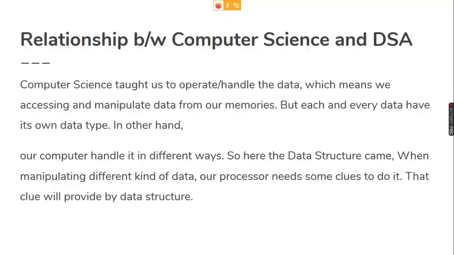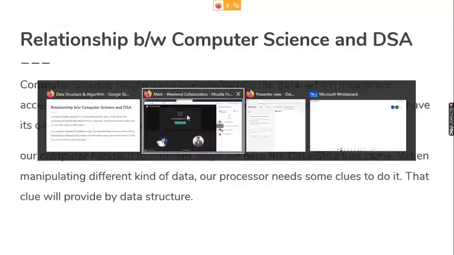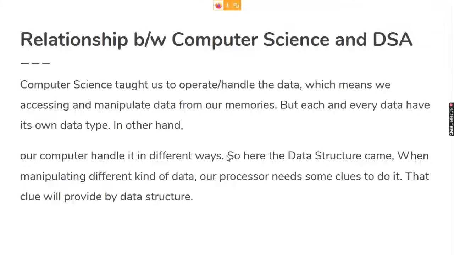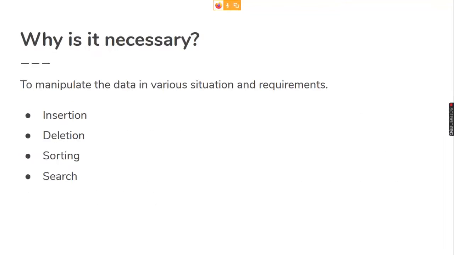When manipulating data of different varieties, our processor needs some clues. How do I need to handle the data when the user posts a string? You need some clue about what the data type is, and if the user posts some integers, then again our processor needs some clues. These kinds of clues, these kinds of predefined structures, that is data structure, right?